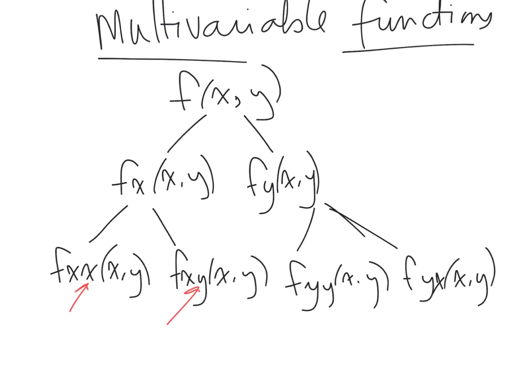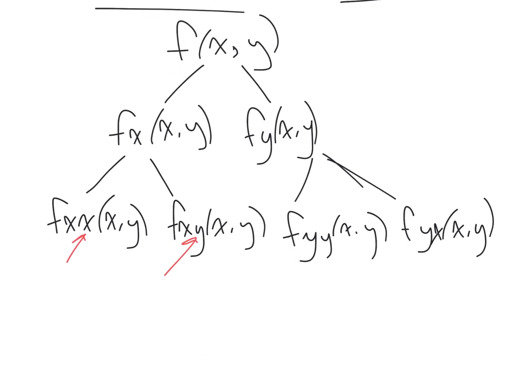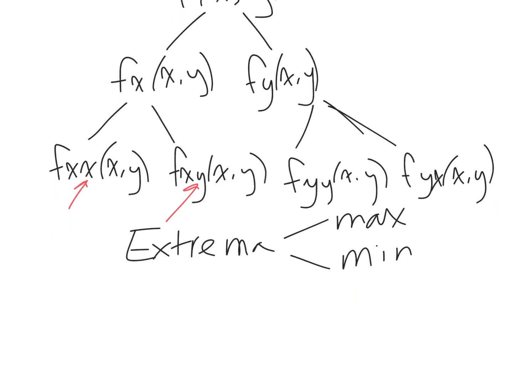And we determined that in order to find extrema, and our extrema, remember, represent maximum or minimum points, we really needed those second derivatives in order to determine what type of extrema we had.